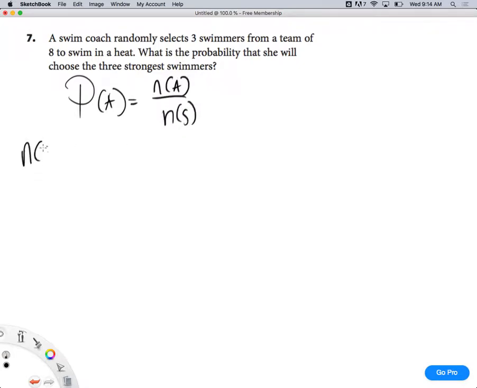NS is all the possibilities. N is 8, I'm choosing out of 8 people, and R is 3. So NS is 8P3, which is 336.